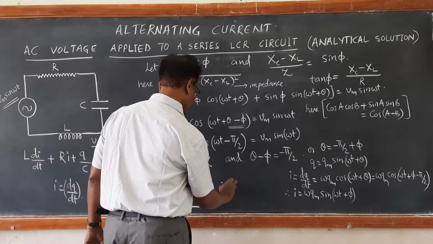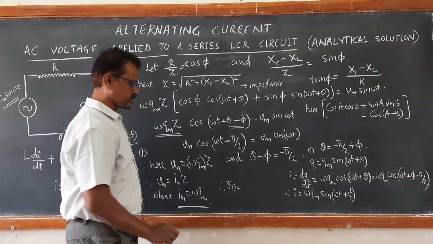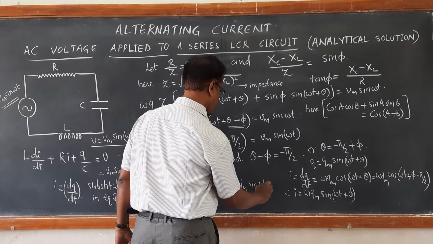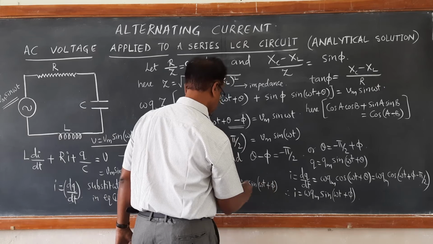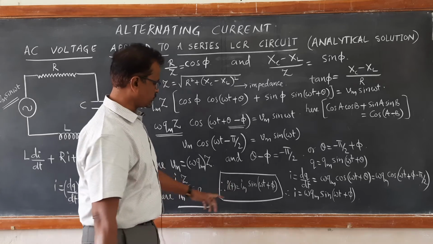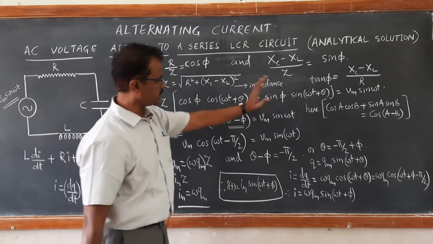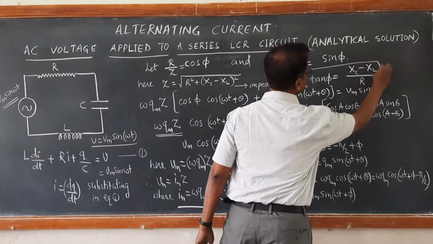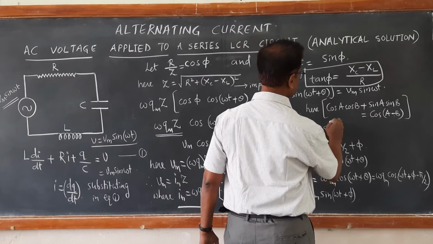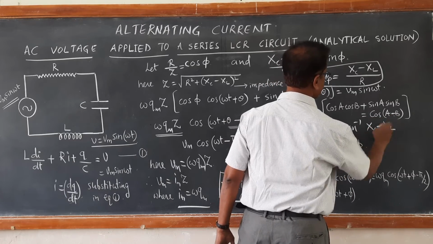Therefore, i is equal to the final solution, the time dependent function, the instantaneous current. i is equal to Im sin(omega t plus phi) gives us the equation for current, where Im is omega qm and phi is tan inverse of (xc minus xl) by r.